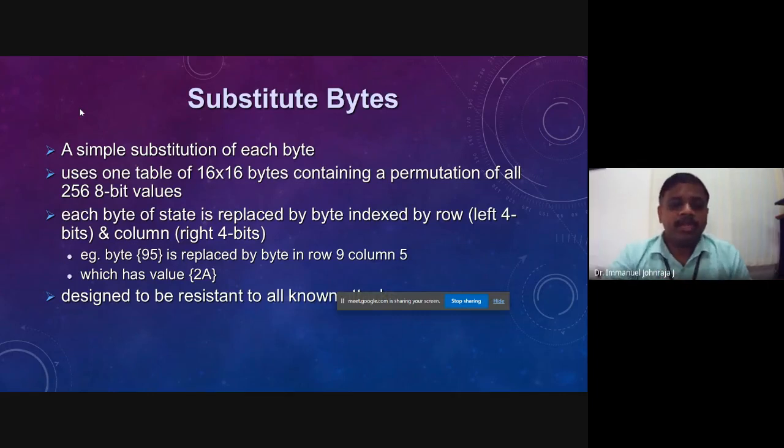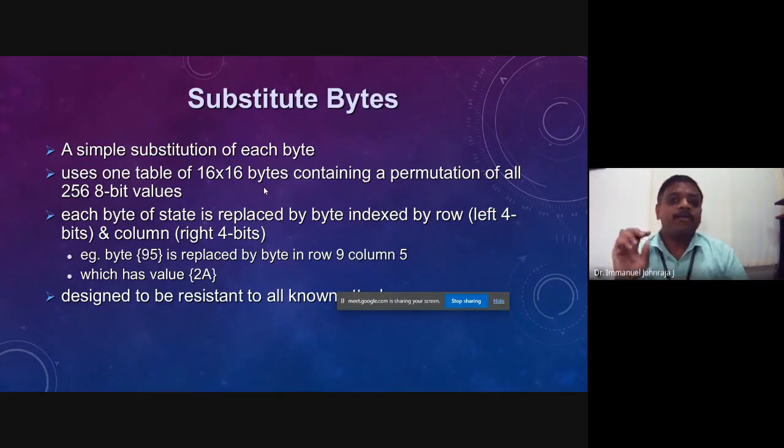It uses a table consisting of a 16 cross 16 bytes table. In the case of DES, you remember the S box was containing 4 rows and 16 columns. But here it is 16 cross 16 bytes. It contains all the 256 8-bit values, so 256 one-byte values are permitted in the S box.